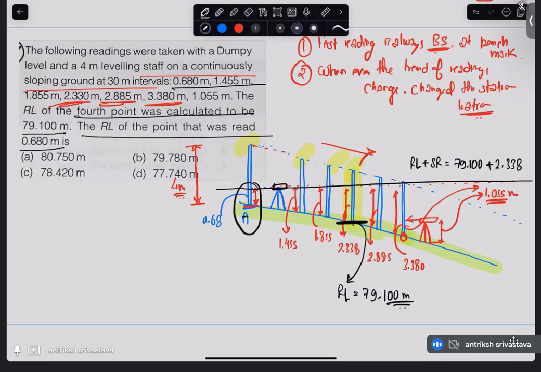It is going to be the line of sight minus the staff reading, that is 0.68. So it is 79.100 plus 2.338 minus 0.68 is equal to RL A. So what is the value of RL A? Let us see.